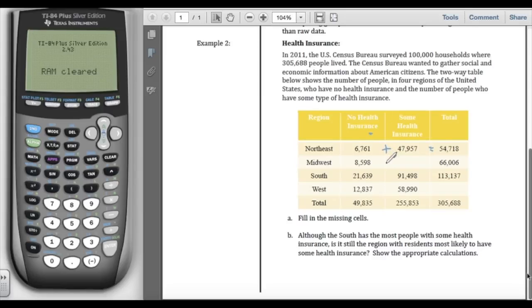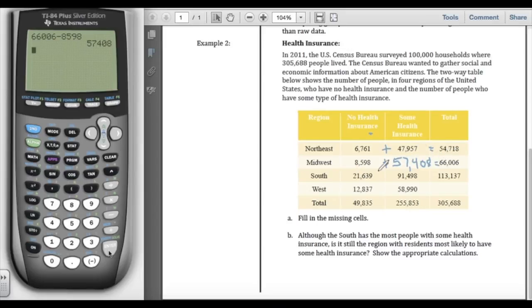I know that this 8,598 plus some number here gave me the 66,006 people. So to find the missing blank, I can use my calculator. I can hit that 66,006 that were total in the Midwest, take away the 8,598 who had no health insurance, and that gives me 57,408.